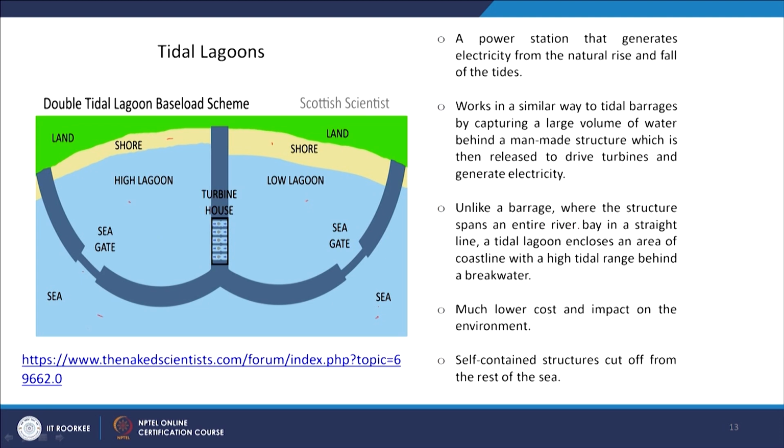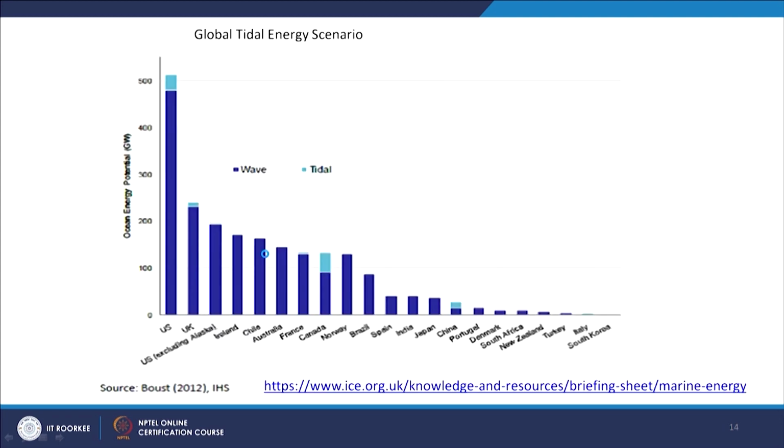Unlike a barrage, where the structure spans an entire river or bay in a straight line, a tidal lagoon encloses an area of coastline with a high tidal range behind a breakwater. So, this is not a very lengthy structure; it is a confined structure with much lower cost and impact on the environment. Self-contained structures are cut off from the rest of the sea. So, these are the advantages of tidal lagoons with respect to the tidal barrage.